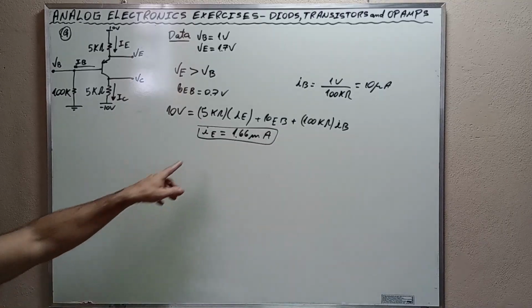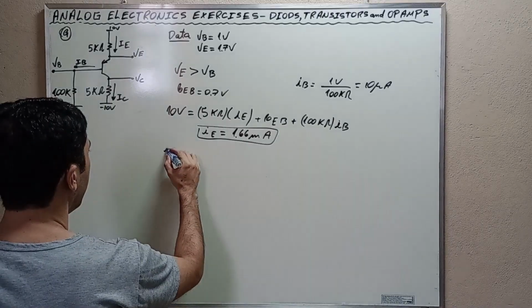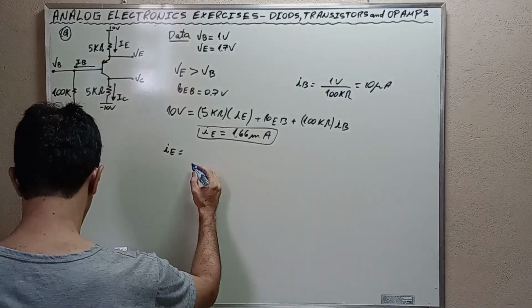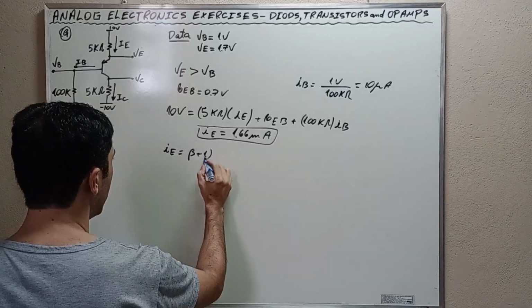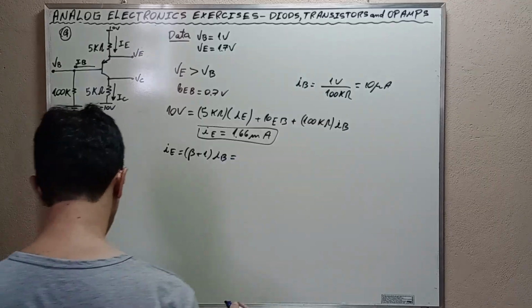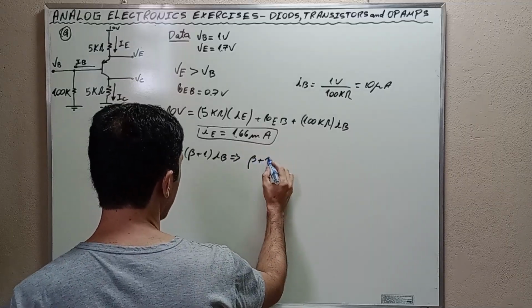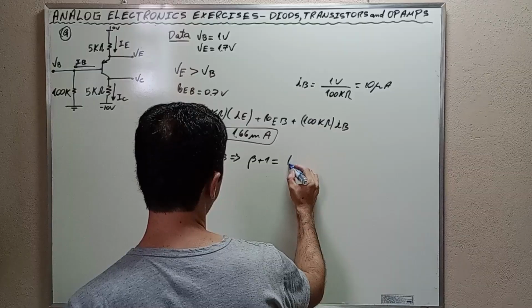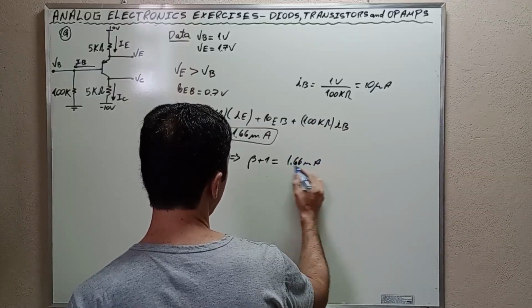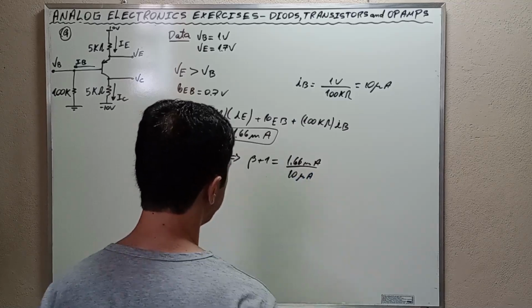Now, using the value of IB, we find IE. And we already found IE. Now we're going to use these values to calculate the other parameters. IE is equal to beta plus 1 times IB, so beta plus 1 is equal to 1.66 milliamps divided by 10 microamps.